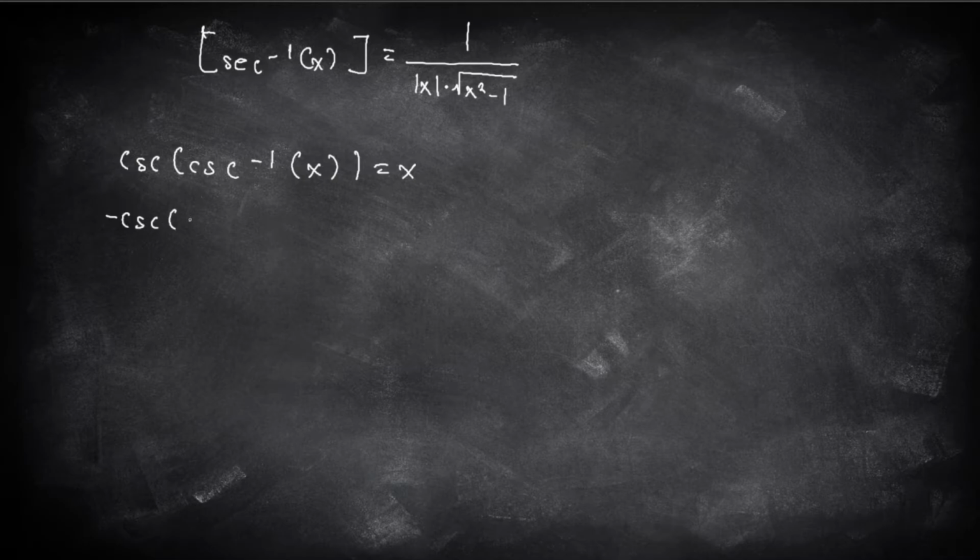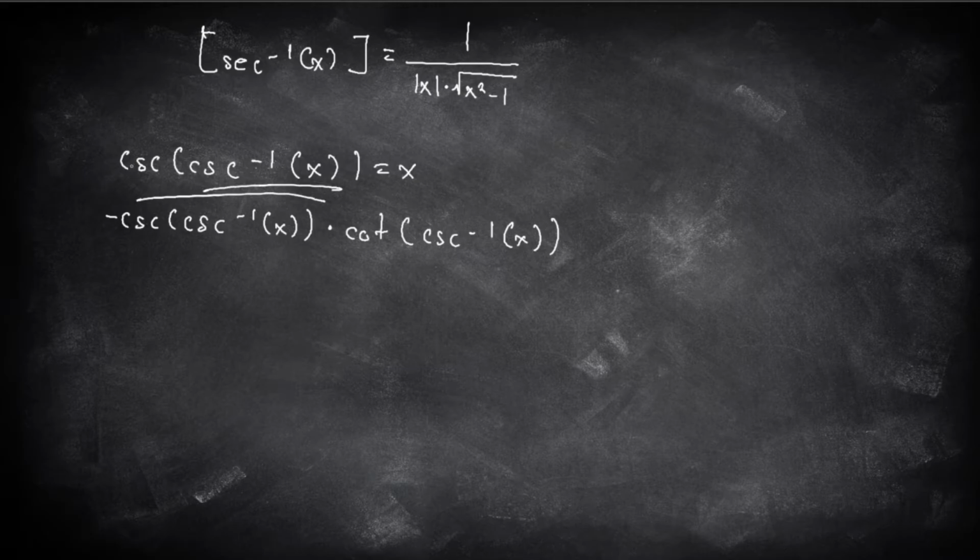Plug in our original x value, which is inverse cosecant, times cotangent of inverse cosecant. As usual, we have a function inside a function, so we have to chain it. So the derivative of our inverse cosecant, which is what we're looking for, and then the derivative of our x is 1.